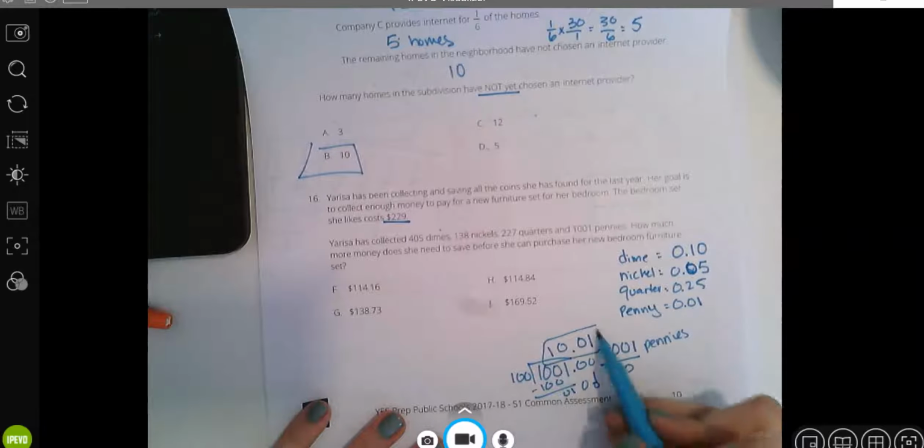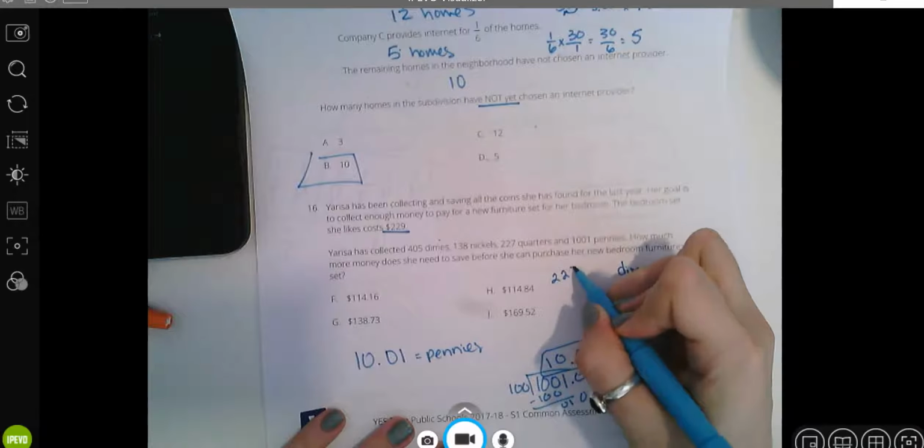And it goes in 1 time. Oh, hey, look at that. There is a very clear relationship. We got the same digits, just dividing by 100. Okay, so she has $10.01 in pennies.